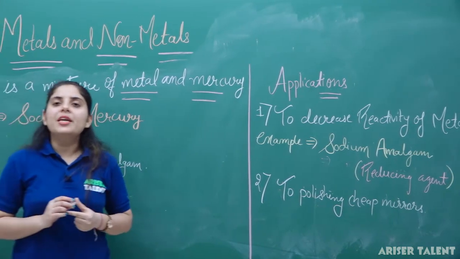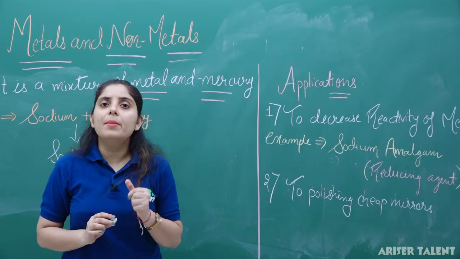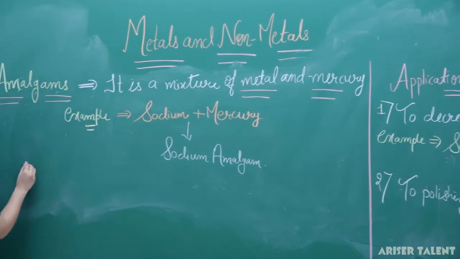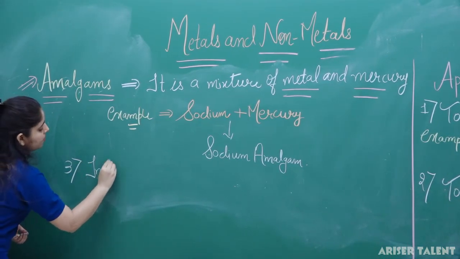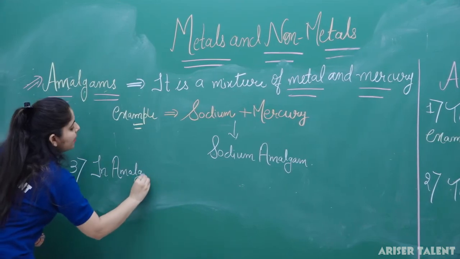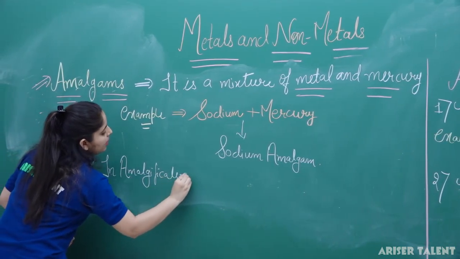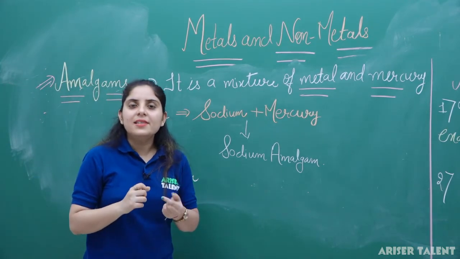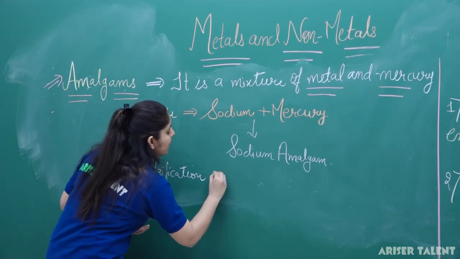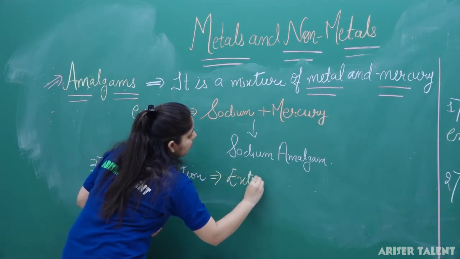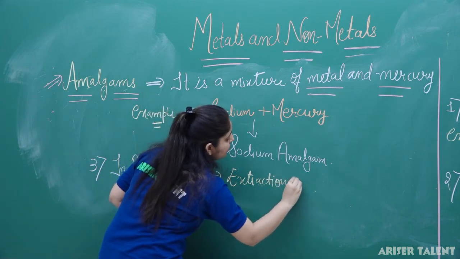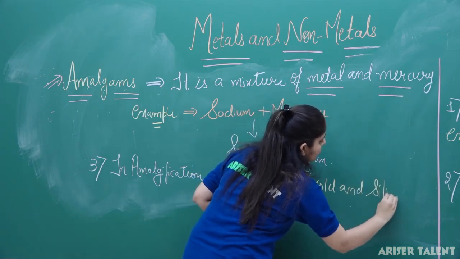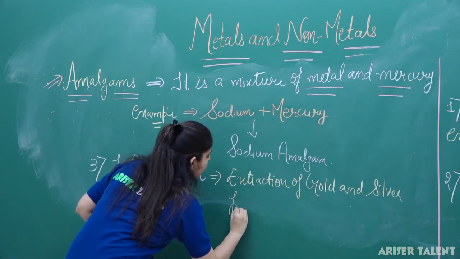Now the last application of amalgams is basically in amalgamation. In amalgamation, amalgams are actually used for the extraction of gold and silver from their ores.